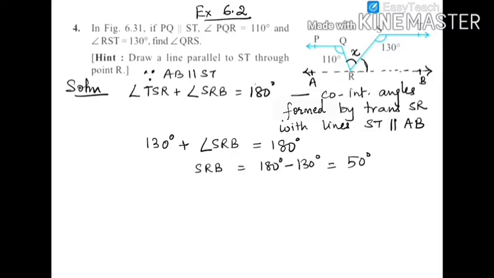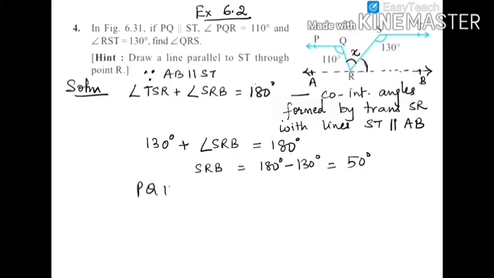It is given in the question that line PQ is parallel to ST and we have drawn AB parallel to ST. So what can we say about lines AB and PQ? Are they parallel? Yes. What will be the reason? Lines that are parallel to the same line are parallel to each other, using the theorem that we studied in the previous video class. So let's write this down.